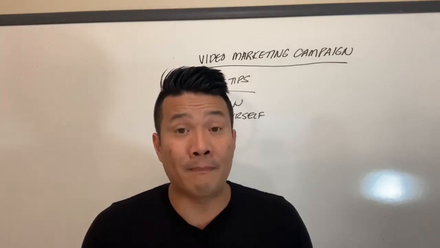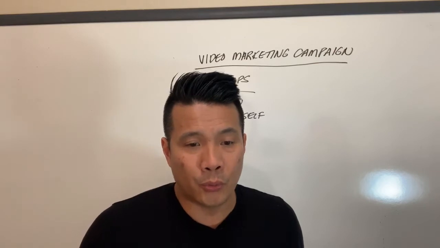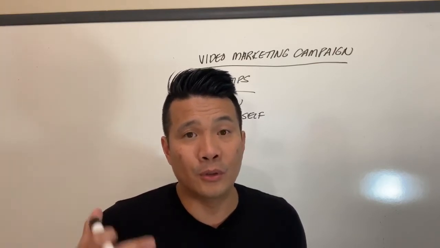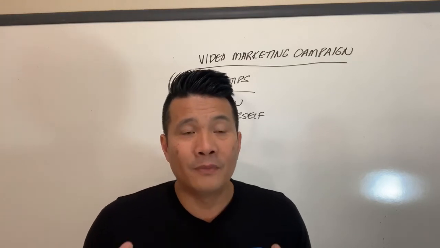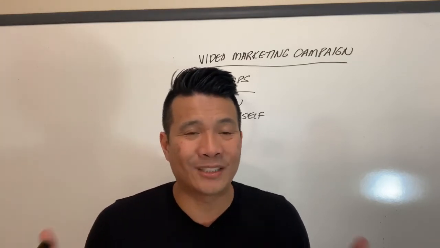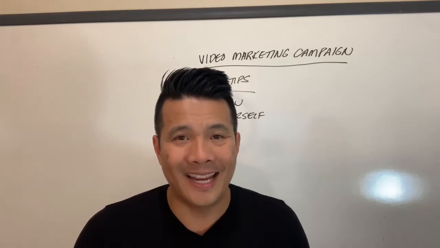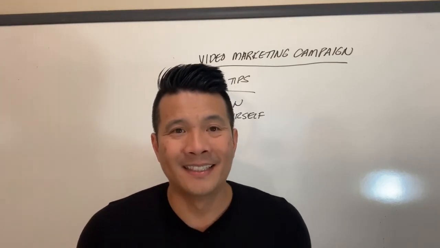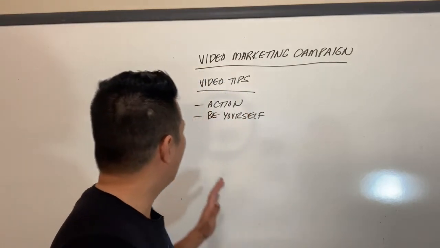Be authentic, because at the end of the day, you're creating these videos for the homeowner to know, like, and trust you, but in order to do that, you have to be authentic. It's really difficult to be somebody else. So be you, take action, right?